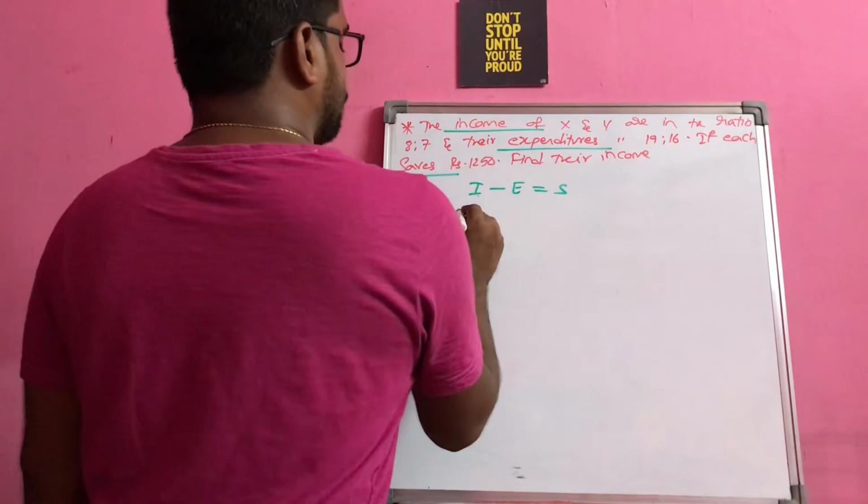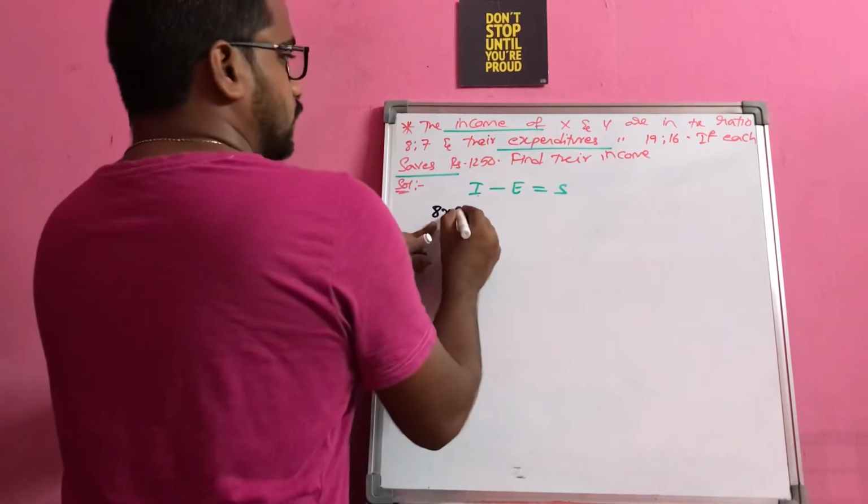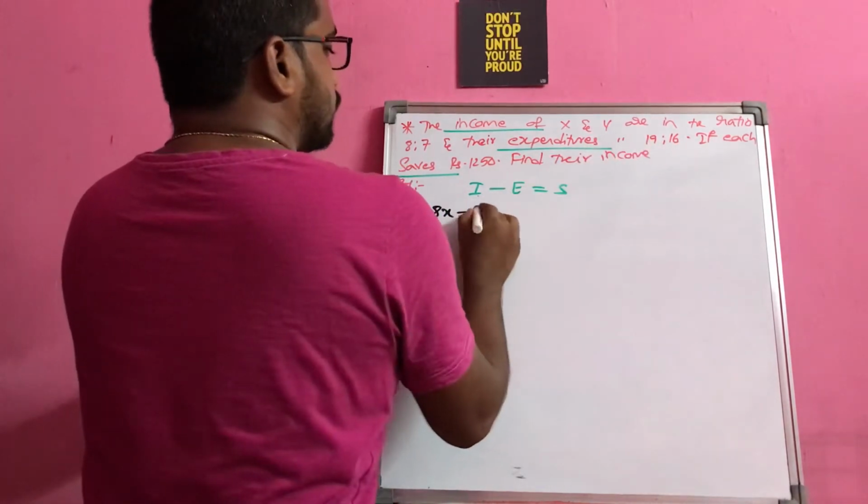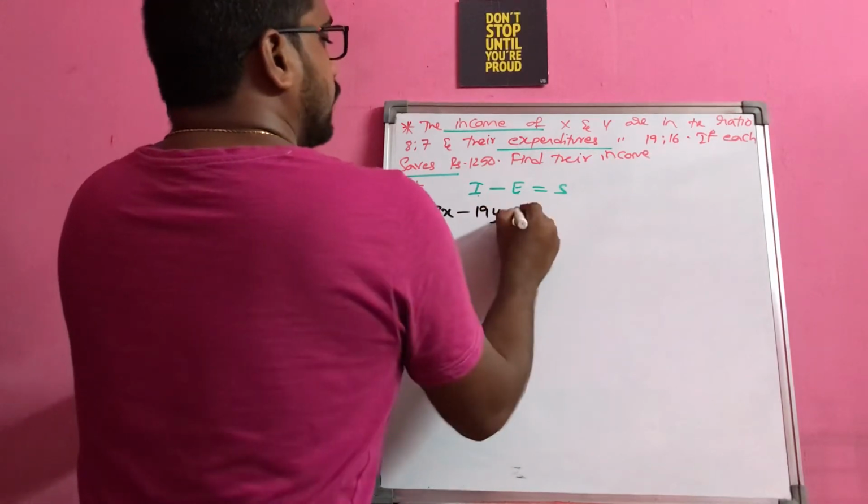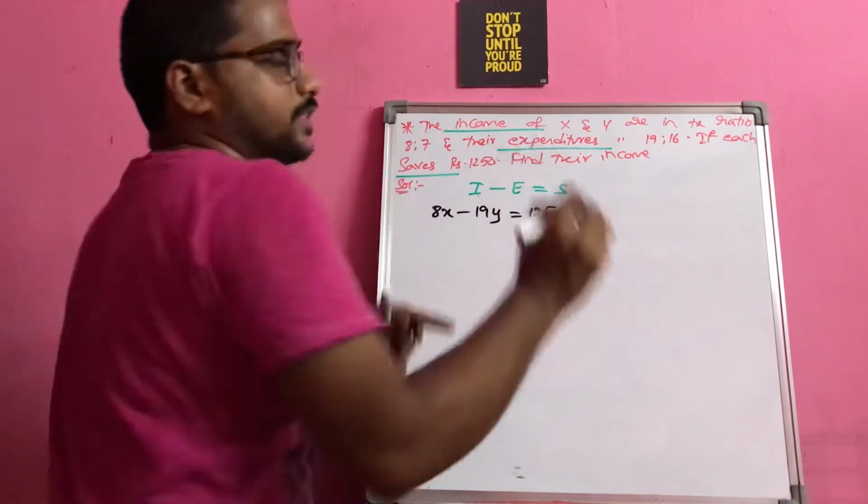So 8x is the income for the first person, and the expenditure for the first person will be 19y, and he saves 1250.